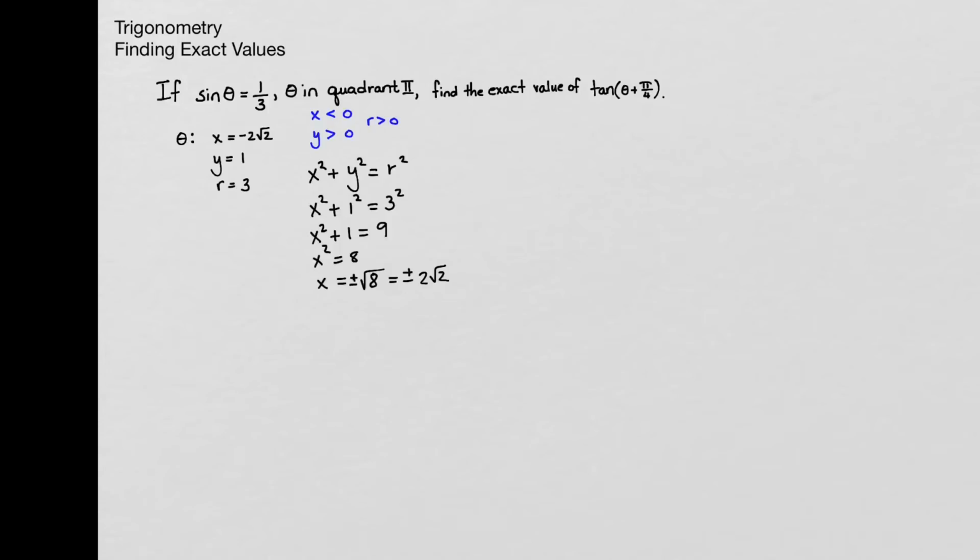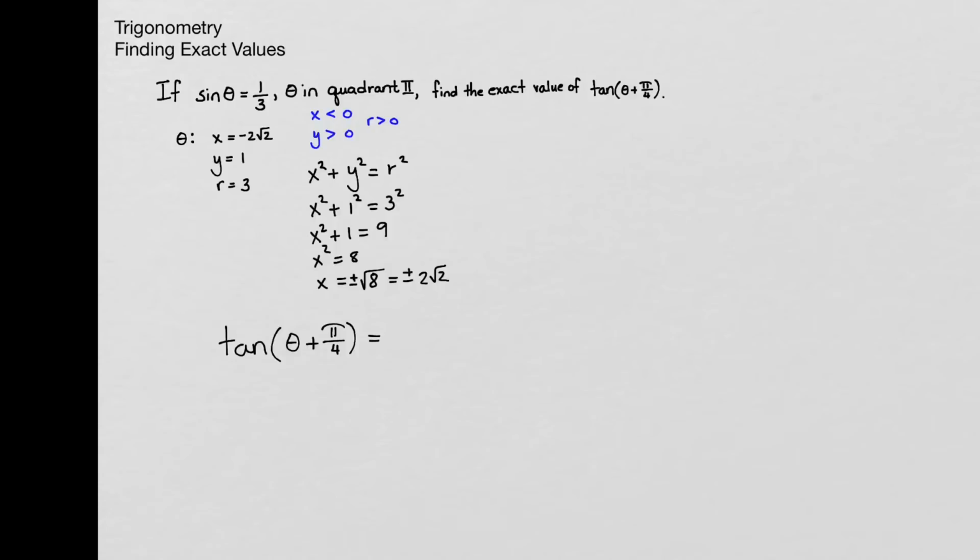So I have my information about theta. And the question asks me to find the exact value of the tangent of theta plus pi over 4. So I have tangent theta plus pi over 4.